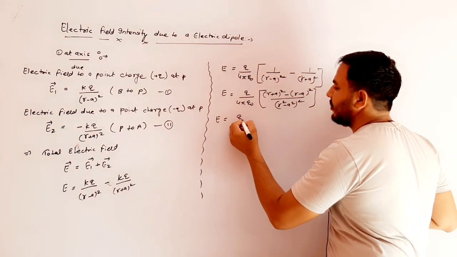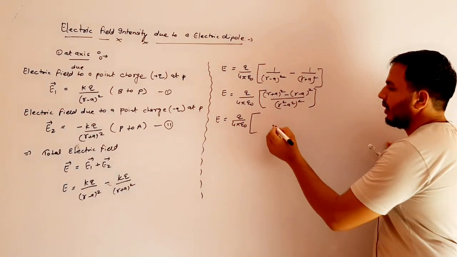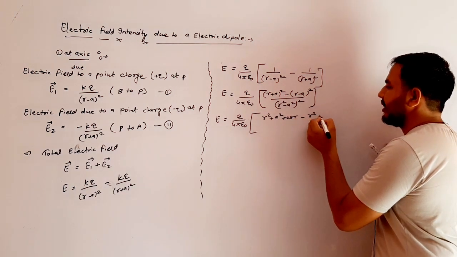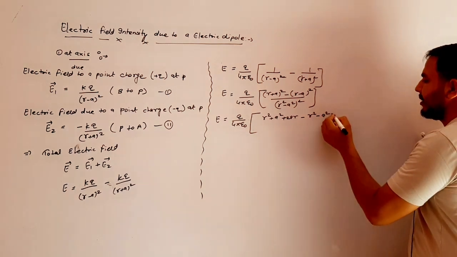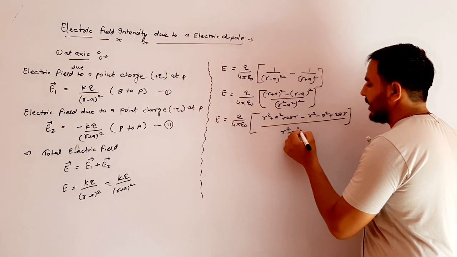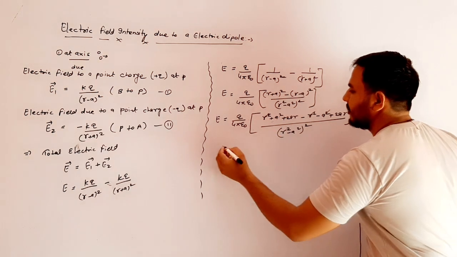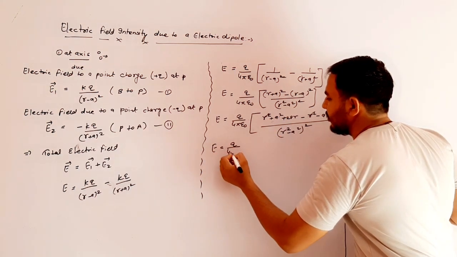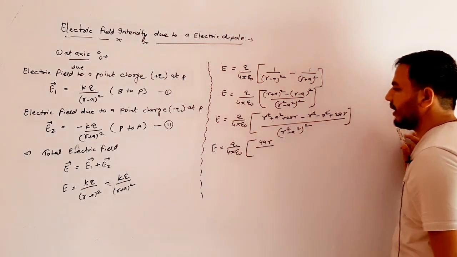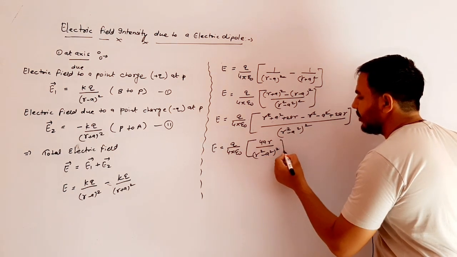E is equal to q upon 4 pi epsilon naught, r square plus a square plus 2ar minus r square minus a square plus 2ar, upon r square minus a square whole square. These cancel. So E is equal to q upon 4 pi epsilon naught, 4ar upon r square minus a square whole square.